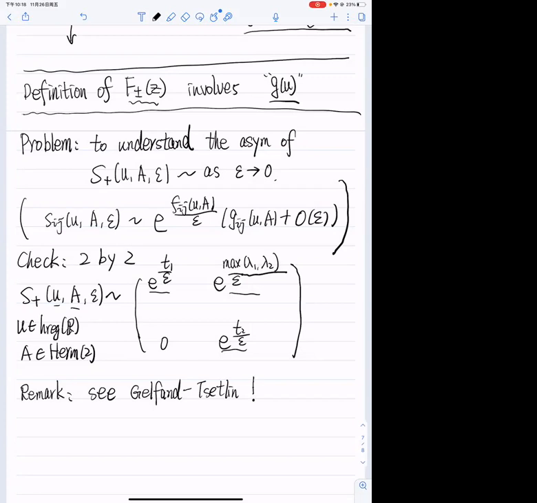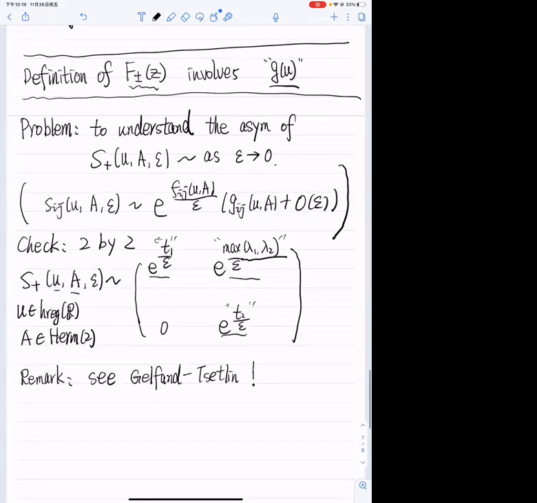Right, I hope this example is clear and it states our strategy and the problem. So in general, we want to study the same question for the n by n case and find the leading term, the WKB approximation, to give you the Gelfand-Tsetlin system. Okay. Are there any questions on this example?